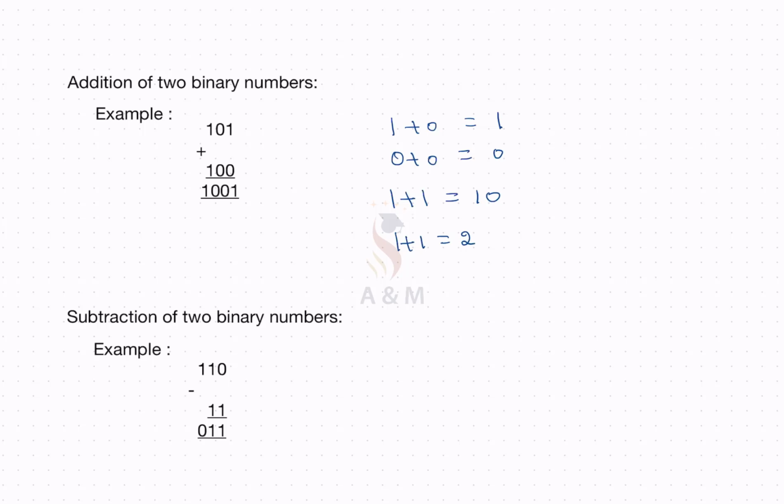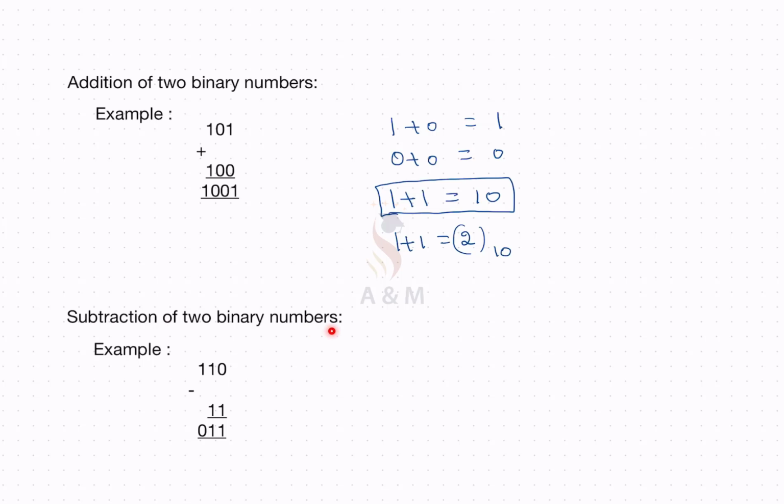We have to convert this 2 into the binary digit. Then we get 10. Therefore, 1 plus 1 is equal to 10 in the binary system. But 1 plus 1 is equal to 2 in base 10, or we can say decimal number.